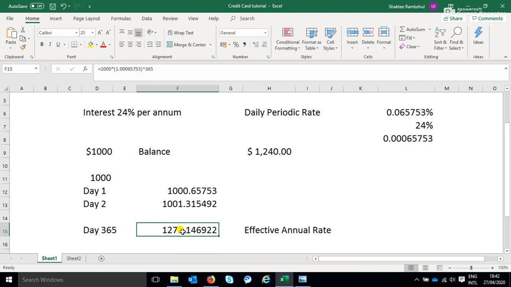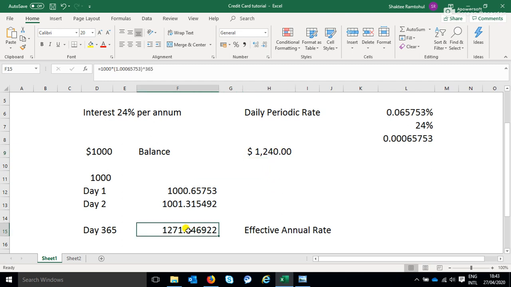And there you go. Now, let's say you haven't paid the balance. What's the difference here? Your idea was you would end up with a credit card balance of $1,240. The problem is this.